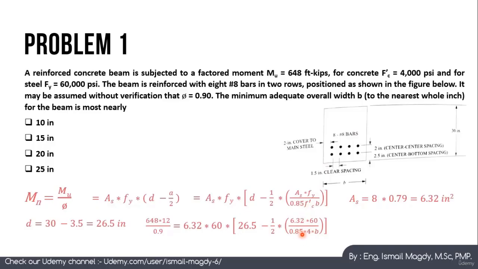You can see that we took here the f'c as 4, not 4000, because we took the fy as 60. So it is per ksi, not psi.